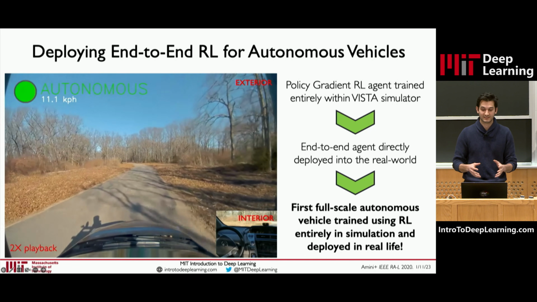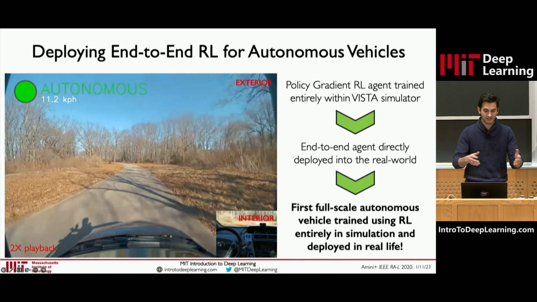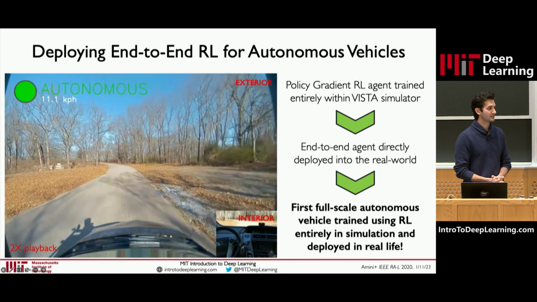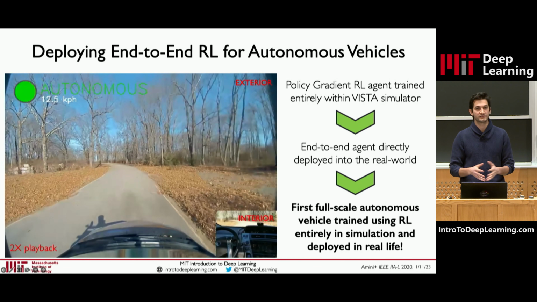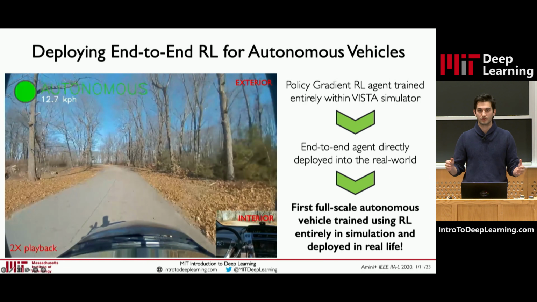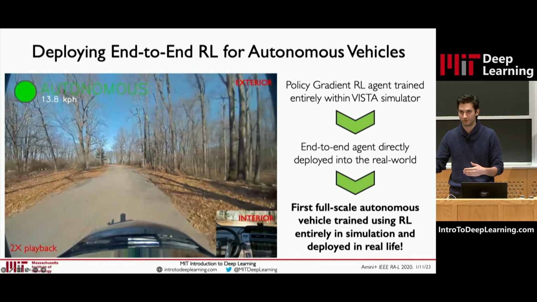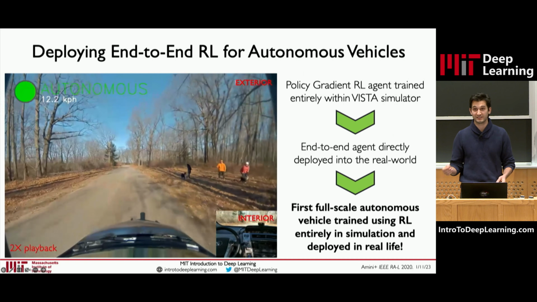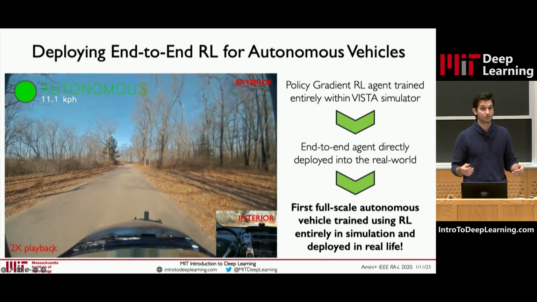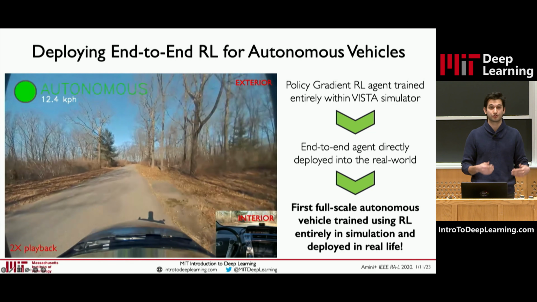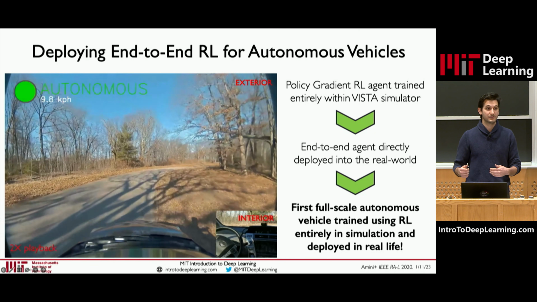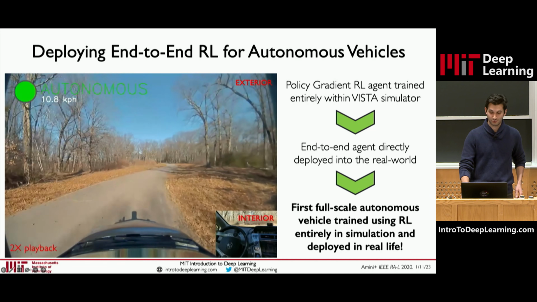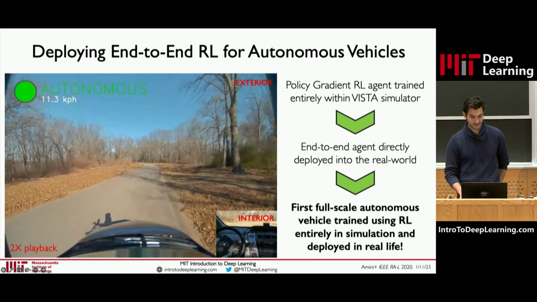On the left-hand side, you can see this car driving through this environment, completely autonomous in the real world. No transfer learning is done here. There is no augmentation of data from real-world data. This is entirely trained using simulation. And this represented the first time ever that reinforcement learning was used to train a policy end-to-end for an autonomous vehicle that could be deployed in reality. So that was something really cool that we created here at MIT.